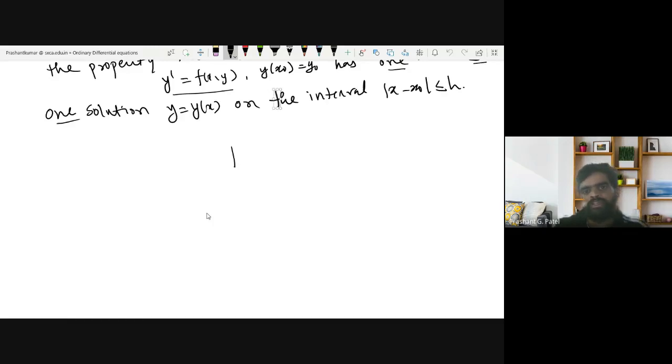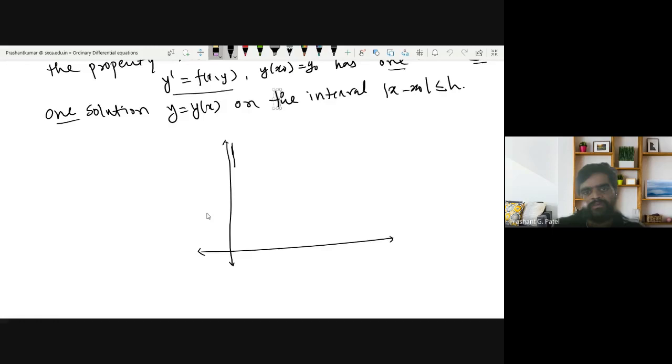Let us consider this is your x-axis and y-axis. It says that the sides of this rectangle are parallel to the y-axis.